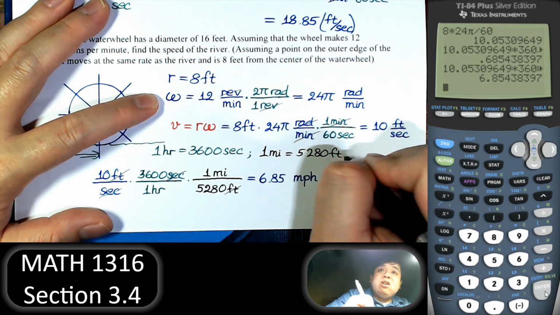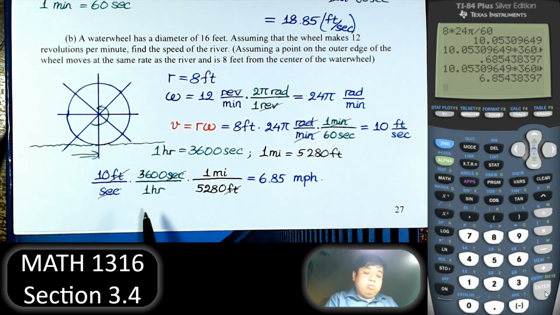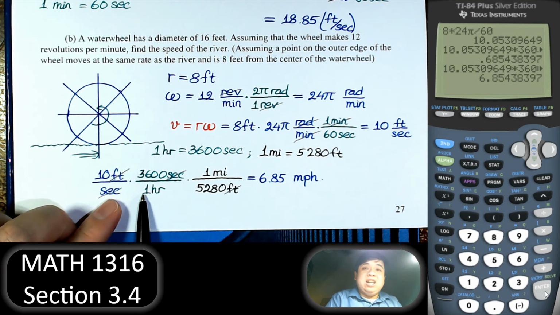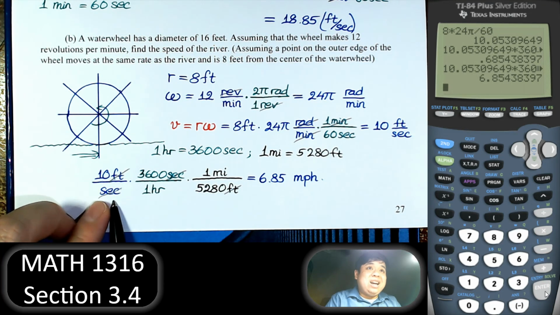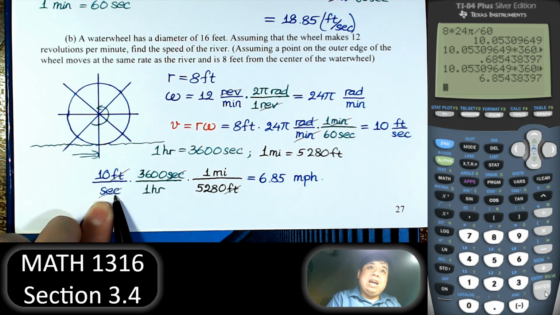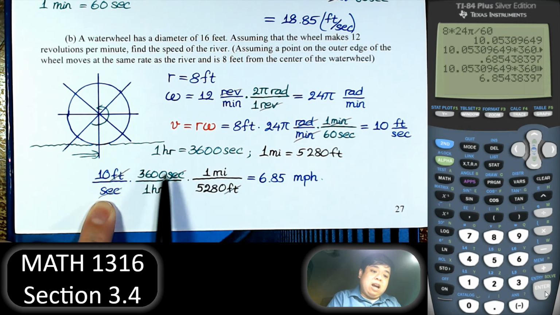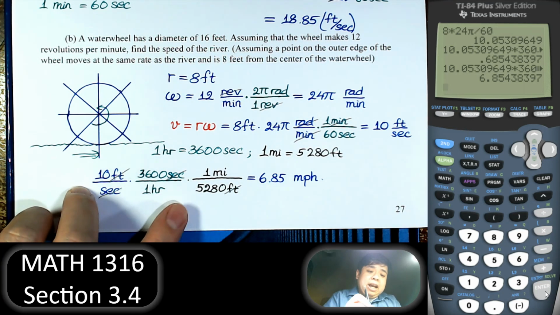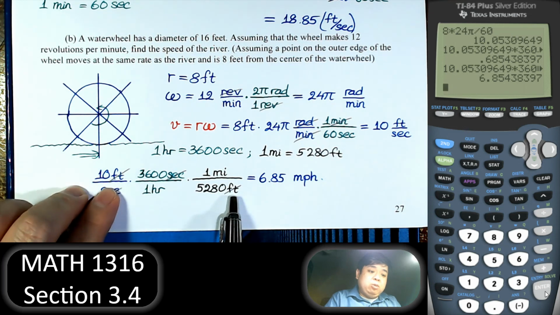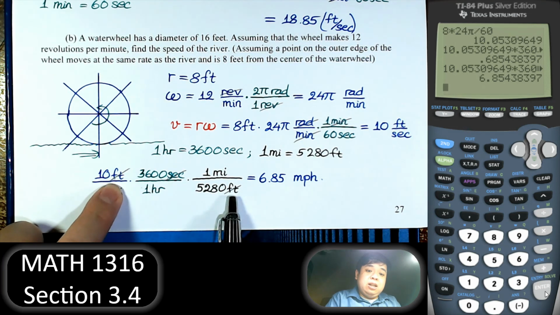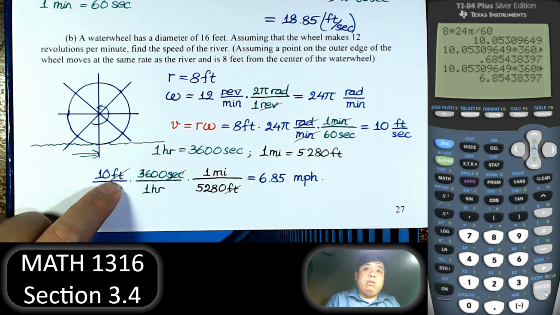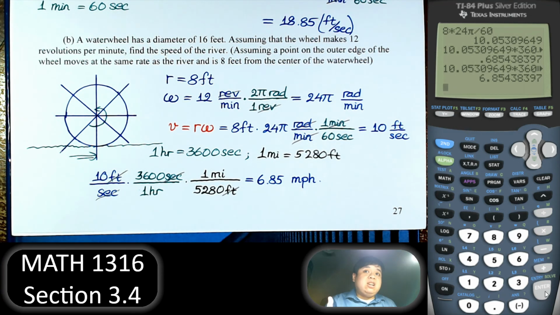So we have to know that first. And then when we put in the fraction, we put it where it cancels out. If we don't want second anymore, we put second where it will cancel with this second. Of course, we have to put that on the top. And if we want to cancel the feet, we have to put the feet where it cancels with this feet, so it has to be at the bottom. So pretty much that is the conversion factor, and then just that formula is what we have in this section. So this is a very short session.